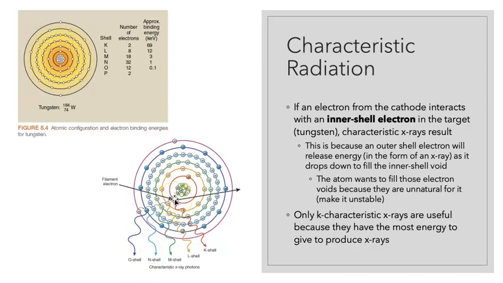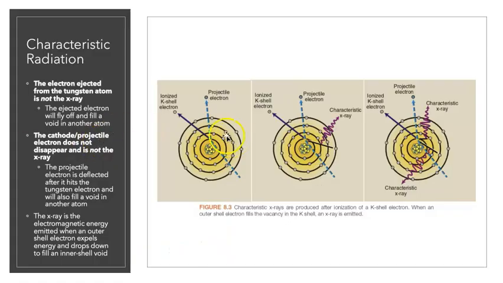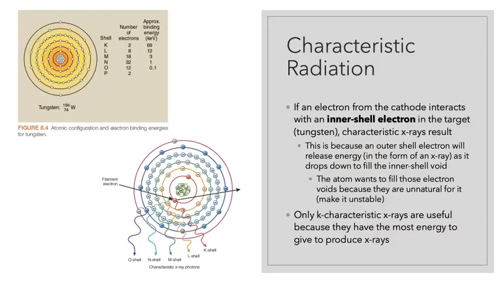So remember, we are actually ionizing this tungsten atom, right? Our filament electron comes in and it gets rid of one of the tungsten's electrons. It pushes it out. Now, what I do want to say though is that neither this K-shell electron nor that projectile electron, which was deflected and pushed away, these electrons that are kind of flying off due to that interaction, neither of those are going to be the X-ray, okay?